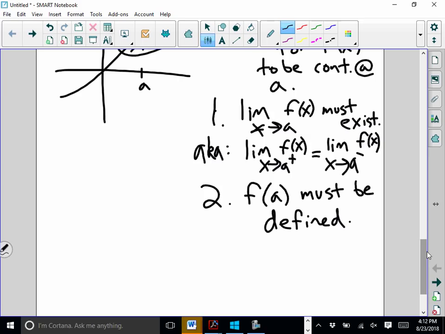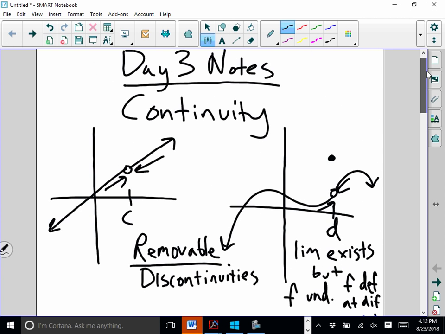If f of a is undefined, then the function is discontinuous. Scrolling back up at our removable discontinuity, the left graph, on the left side of the page, f of c, we're using c this time, f of c is undefined. Therefore, there is no way that graph is continuous because f of c was undefined.